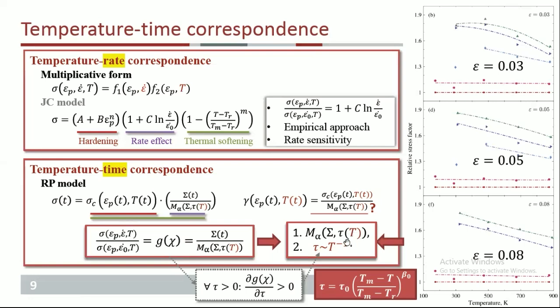Furthermore, as temperature increases, the value of the relative stress factor, and thereby the value of the function g, decreases for many materials. And that leads to a decrease in the relaxation time parameter, because we can mathematically prove the monotonicity of the function g with respect to the relaxation time parameter. And this already indicates the qualitative changes in the relaxation time parameter as a function of temperature.